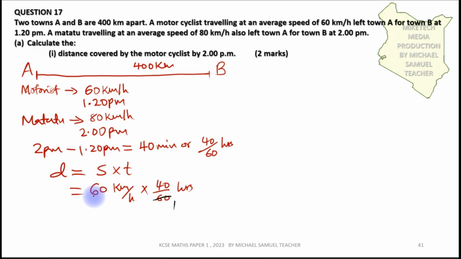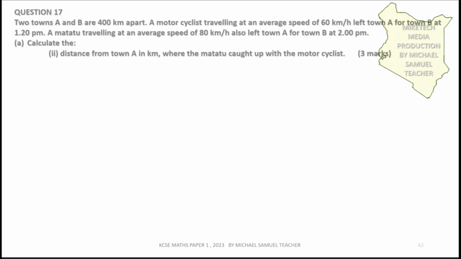So we end up getting 40 kilometers. That is the distance covered by the motorcyclist by 2 p.m.